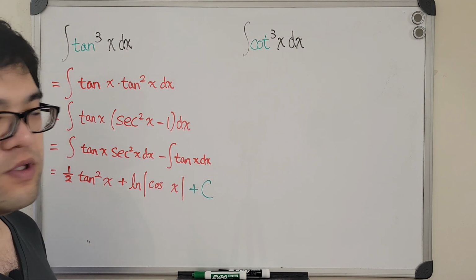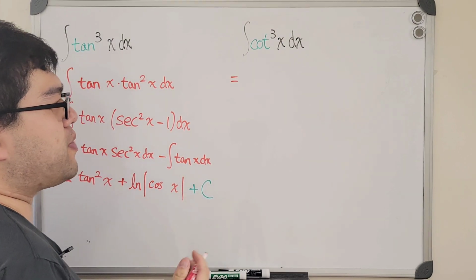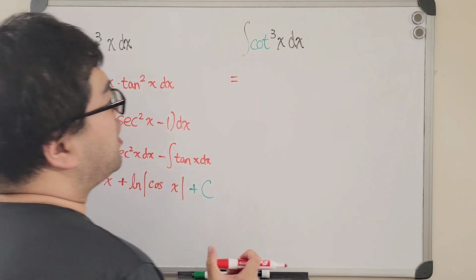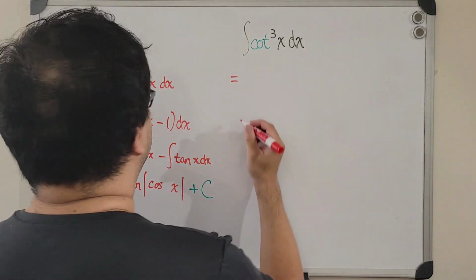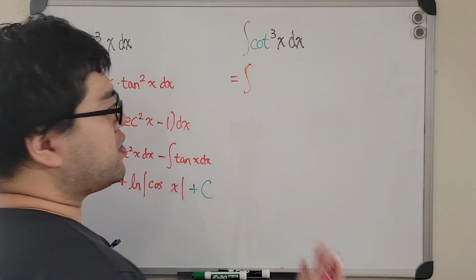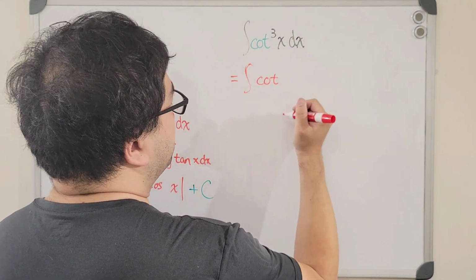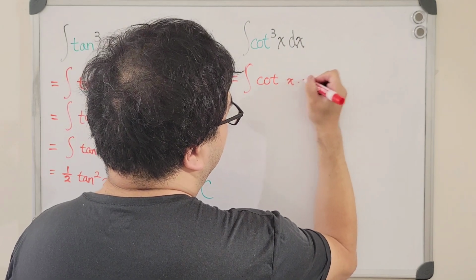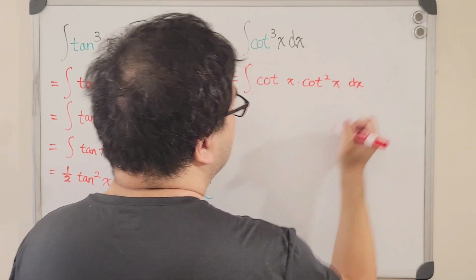Let's take a look at the other problem. How to take the integral of cotangent to the third power, or cotangent cube of x, with respect to x itself, or dx. So, of course, we're going to play the same game by breaking the third power into cotangent x times cotangent square of x dx.